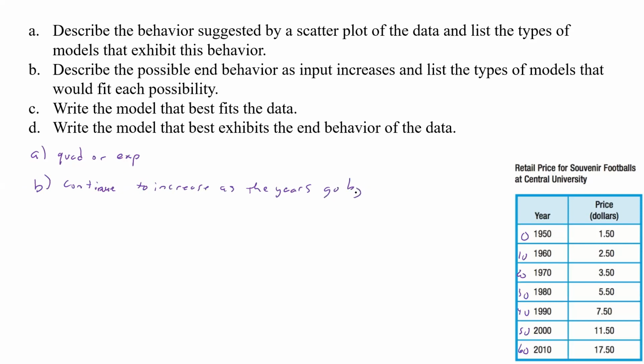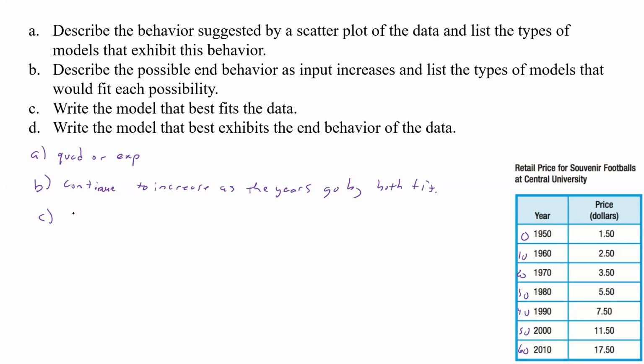So the output's going to continue to increase as the input goes by or the years go by. And I think both of them actually fit that possibility. Now, sometimes we had the others that didn't always fit, and only one of them actually made sense. Now, we went ahead and we did both models, and we found that the exponential fit closer. It was closer to more of the points.